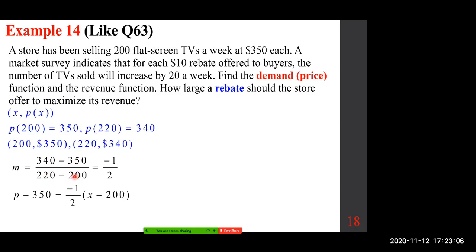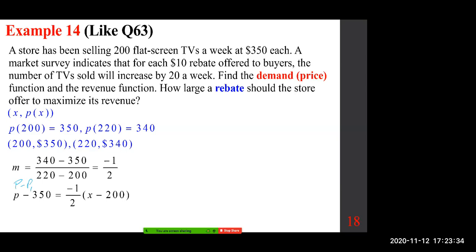Or you can say p sub 2 minus p sub 1 over x sub 2 minus x sub 1. That's absolutely fine if you want to go with x and p. And then y minus y1 becomes p minus p1. Let me just write this at top of it. So this in essence is p minus p1, okay, class? And so you do the math, you end up with the price.